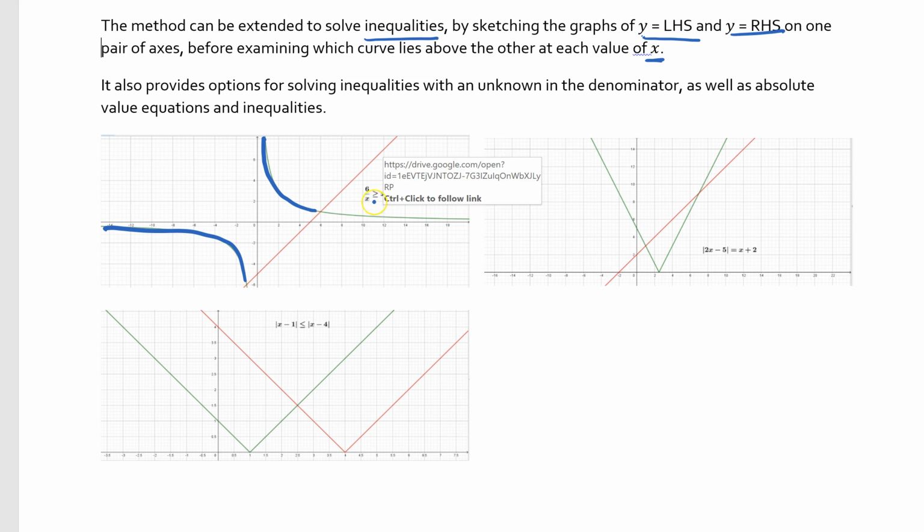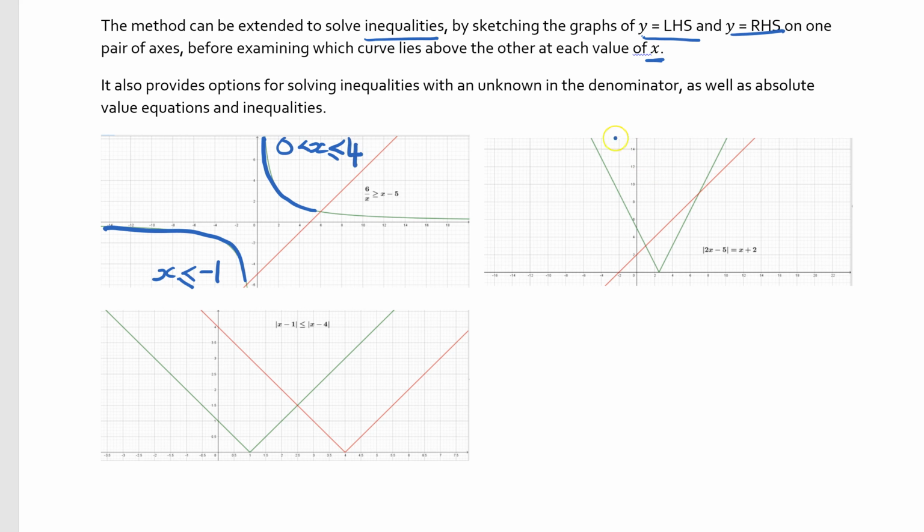Once I know these values of x, which look like they'll be x equals 4 and x equals minus 1, then it happens where x is less than or equal to minus 1, and for 0, because that's our asymptote, 0 less than x less than or equal to 4.